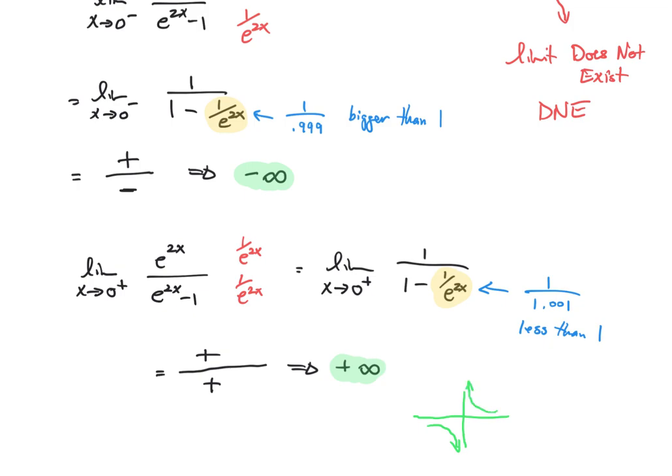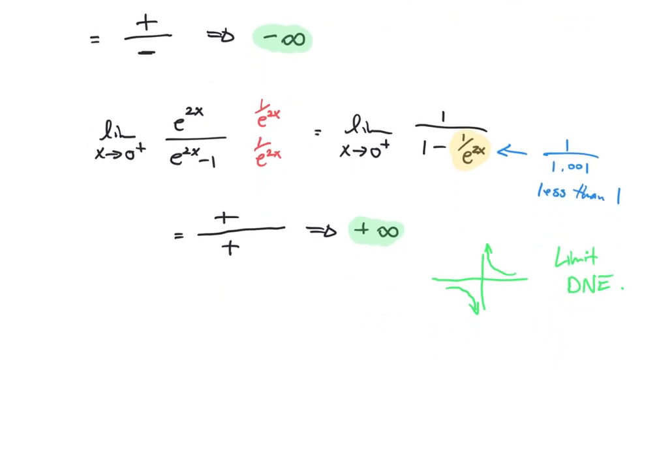I think the limit does not exist. So that's going to be our final answer. The limit as x goes to 0 of 2e to the 2x divided by e to the 2x minus 1 does not exist.